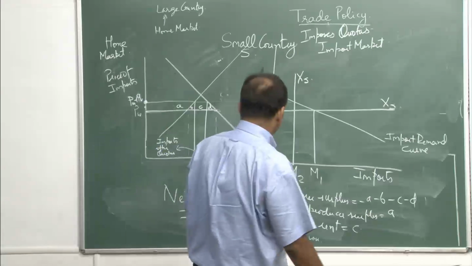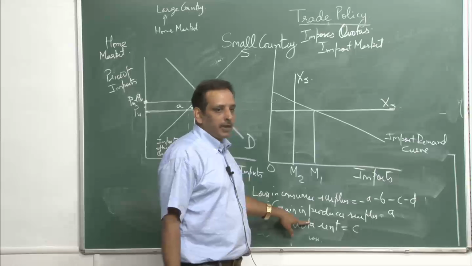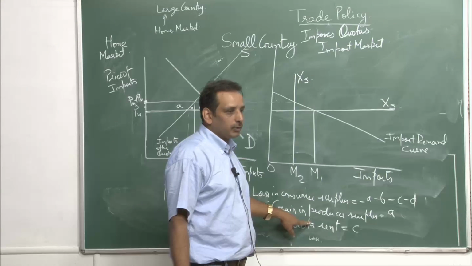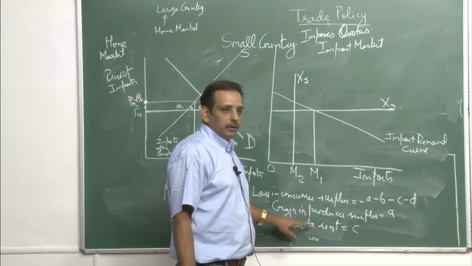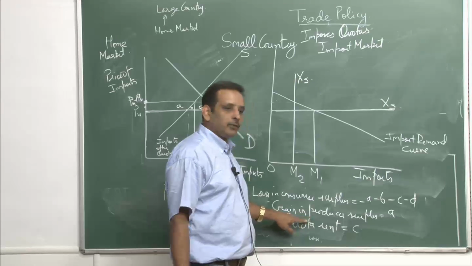So, in that case the quota rent does not accrue to the home producers, it goes away and it is given to the foreigners.